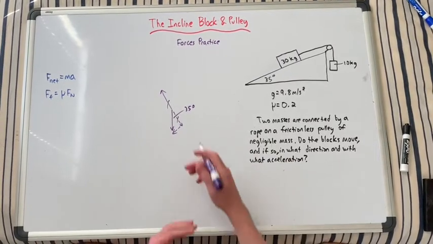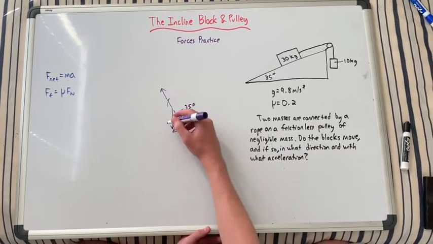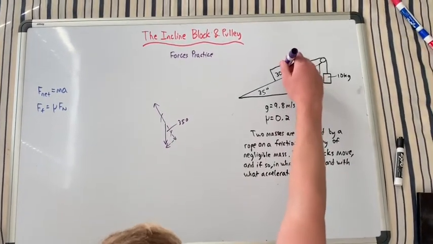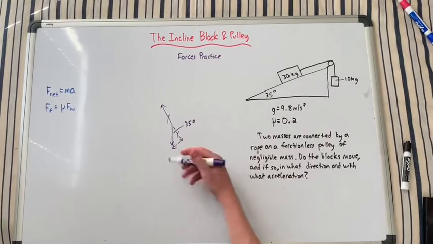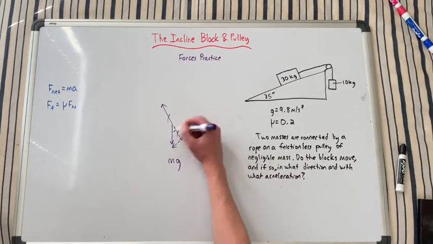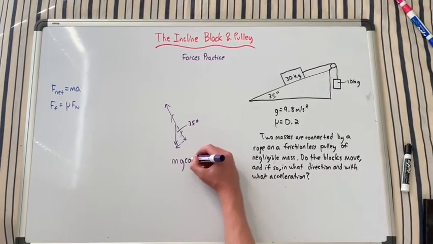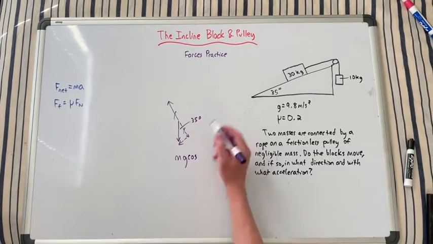So we're now going to solve for the two components of gravity. So we know this component of gravity is going to be the mass of the block times gravity, or mg. That's essentially this side, times the cosine of theta, which is 35 degrees.